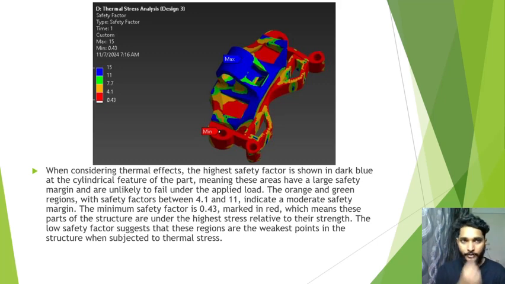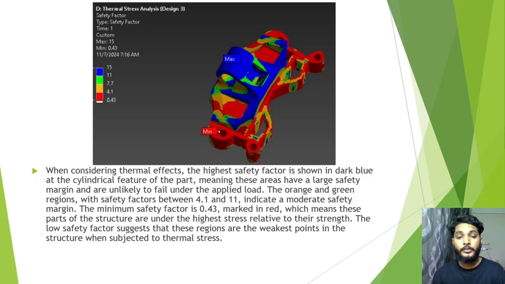Next is the safety factor. As you can see in the diagram, most of the base part is red, which is unlikely to fail. This design is unlikely to fail under the applied force, and the orange and green regions with a safety factor between 4.1 and 11 indicate a moderate safety margin.